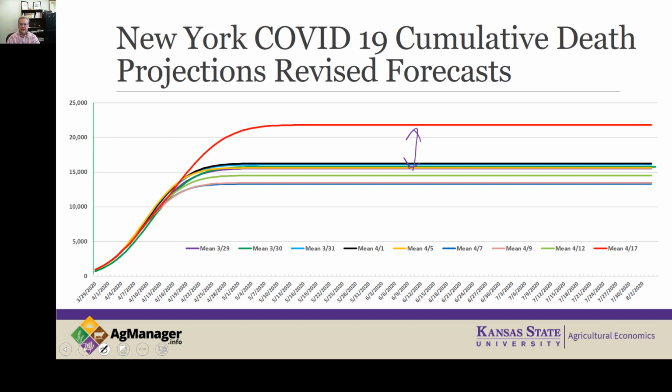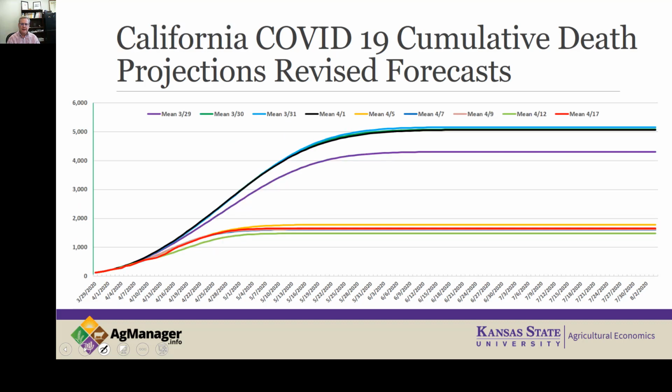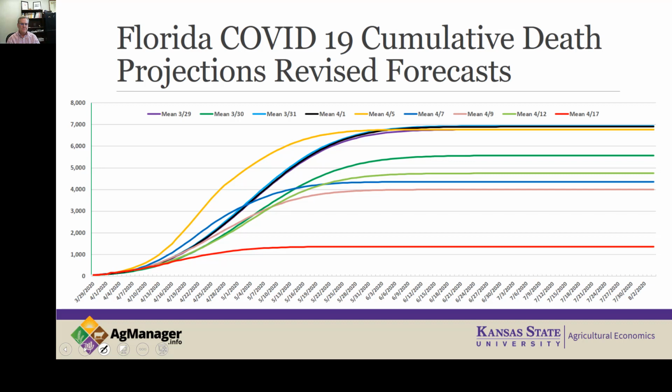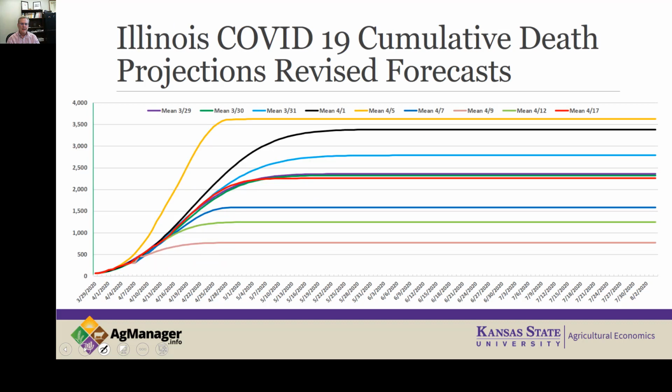That now has jumped up to an estimate of about 22, and so that has changed over the last week. In terms of California, basically projection over 4,000 deaths to less than 2,000. In terms of Florida, a projection of nearly 7,000 deaths to now about 1,300.